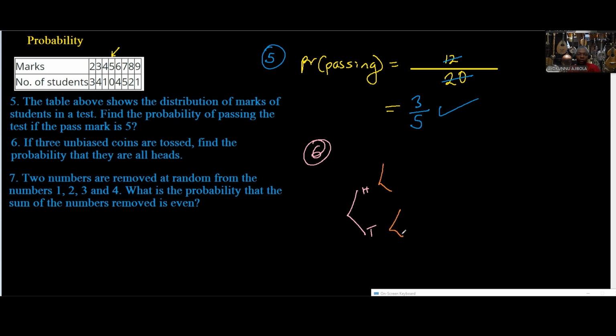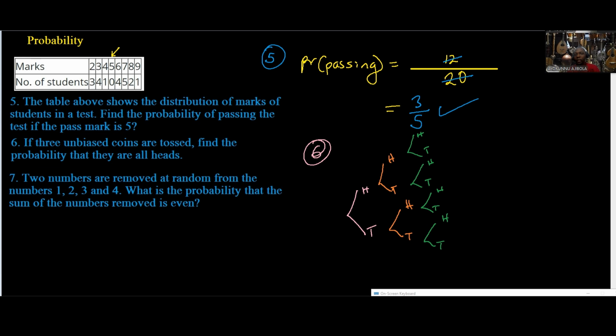Then the second level is also head, tail, head, tail. While the final layer will be head, tail, head, tail, head, tail, and head, tail.